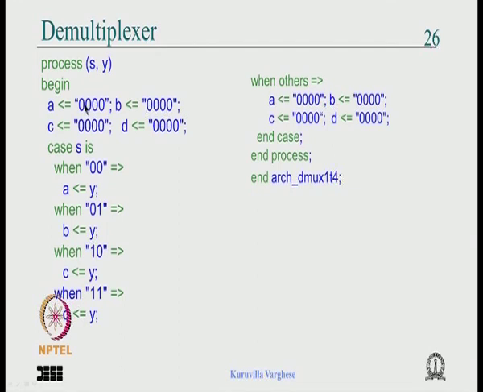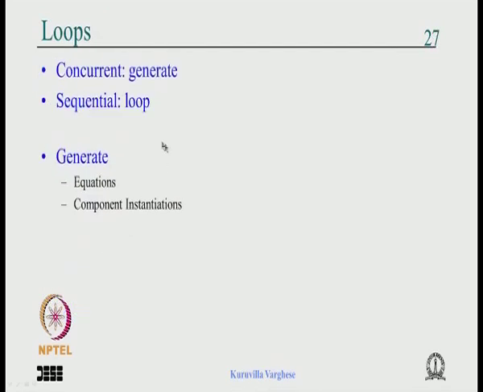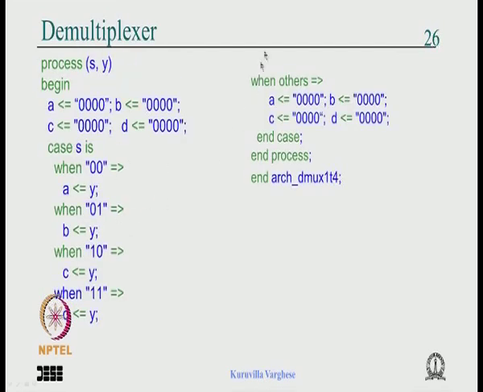Because when the simulator computes, you know that in a process, statements are executed from top to bottom once, only once. So this works because if there is an event on S, that means if the select line changes, the simulator starts computing, and initially A, B, C, D is assigned, say at simulation time 100 nanoseconds, all zeros.